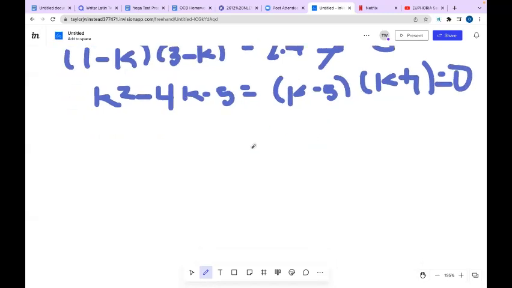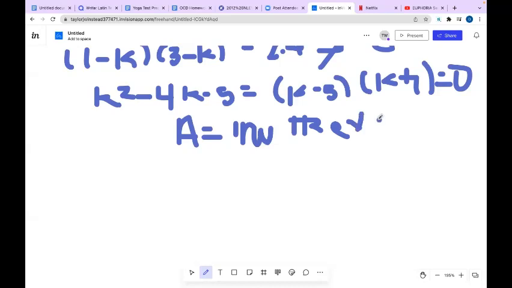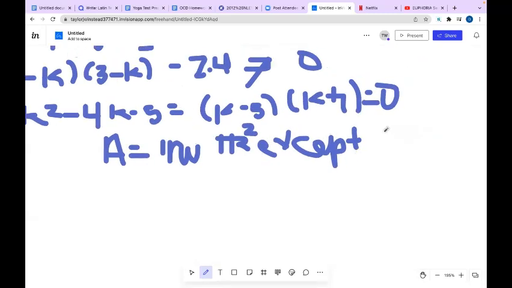This is pretty simple. So what we know is that A is invertible for all real numbers except k equals 5 and k equals negative 1.